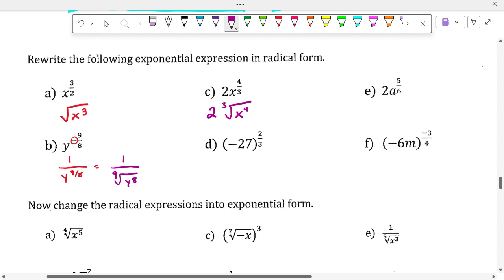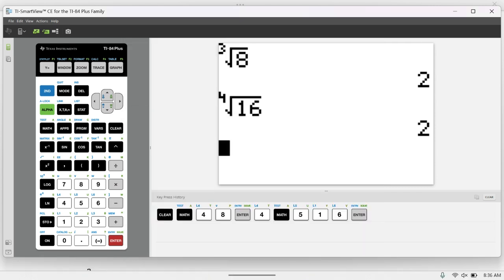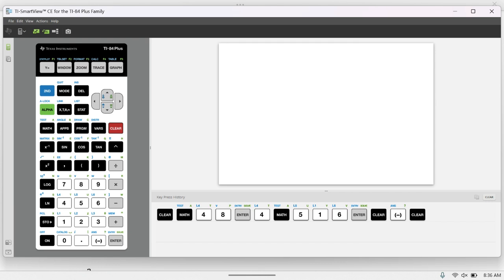All right. Look at letter D. What type of root is it? It's a cube root. What goes under it? Negative 27 to the second power. Now, we could evaluate this. So, let's say I do negative 27. Make sure you put parentheses around it.